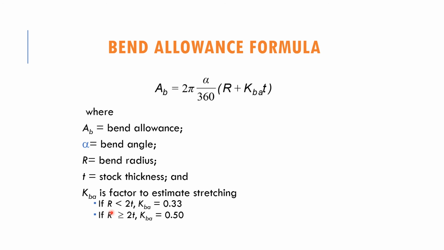If the R value is smaller than 2t, where t is the stock thickness, KBA will be 0.33, and if R is bigger than or equal to 2t, KBA will be 0.5. By using this equation we will be able to get the bend allowance.